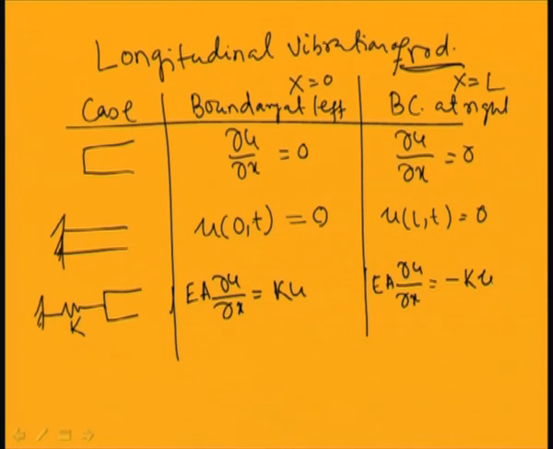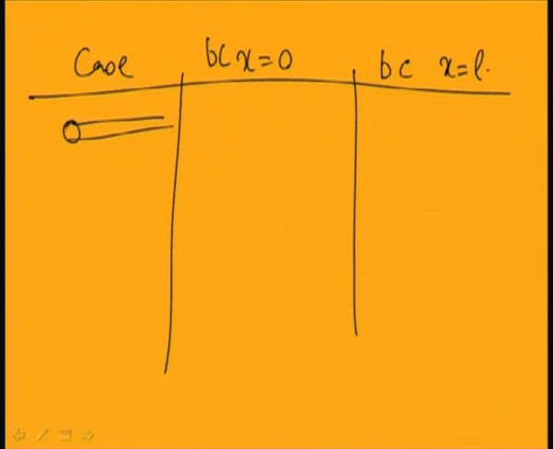Similarly, for the end condition, let us put a mass at the end. We are considering 3 cases. This is x equal to 0, the boundary condition at x equal to 0, and the boundary condition at x equal to L. If we are putting an end mass at this end, let this mass be m.